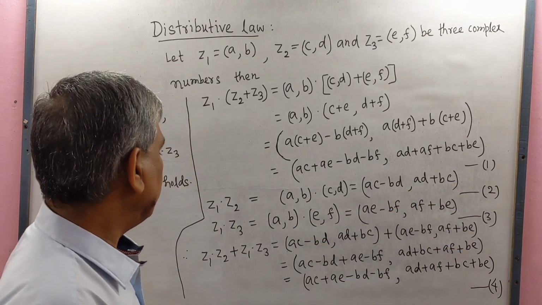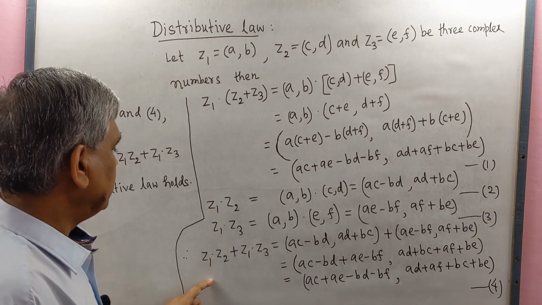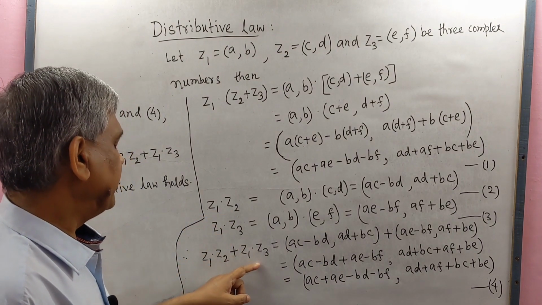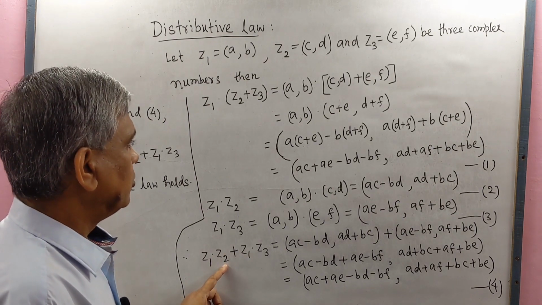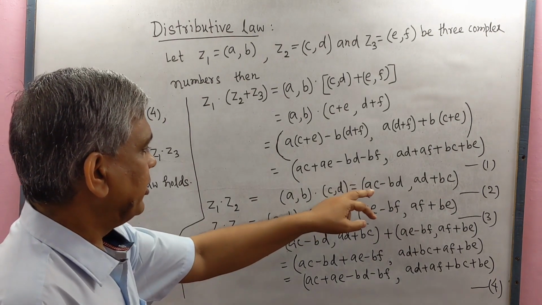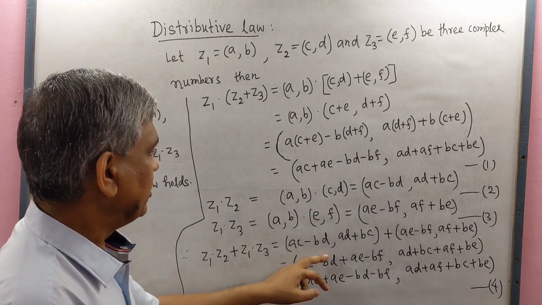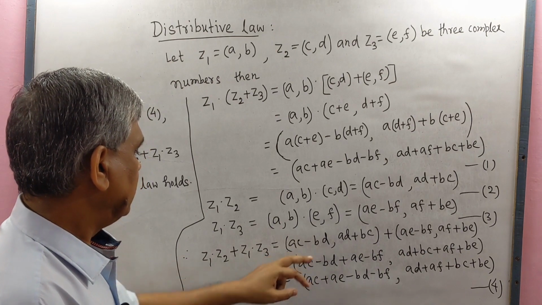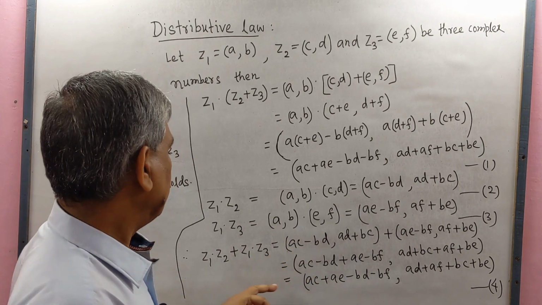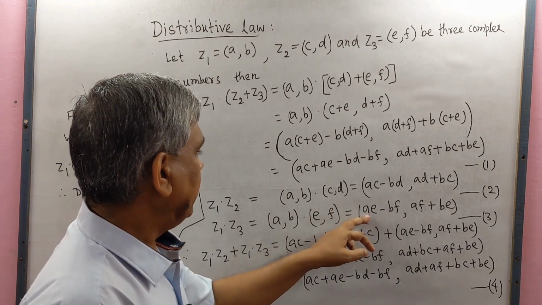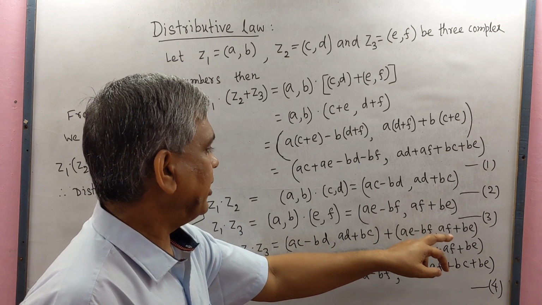Now we add 2 and 3. Z1 multiply Z2 plus Z1 multiply Z3. Z1 multiply Z2 is ordered pair (ac minus bd, ad plus bc). We write here, plus Z1 multiply Z3 is (ae minus bf, af plus be).